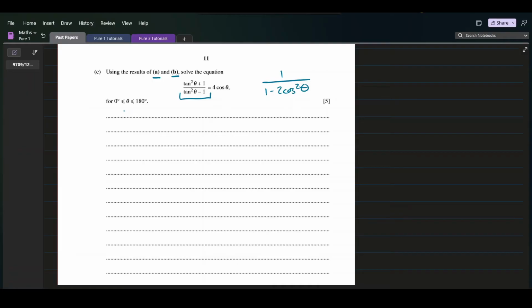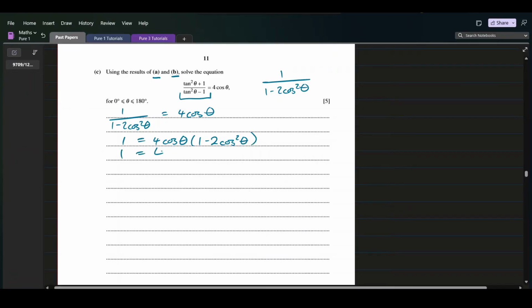So it means that this equation they've given us can be written as 1 over 1 minus 2 cos squared theta is equal to 4 cos theta. So let's get rid of our denominator. This will be 1 is equal to 4 cos theta times 1 minus 2 cos squared theta. Expand the bracket.